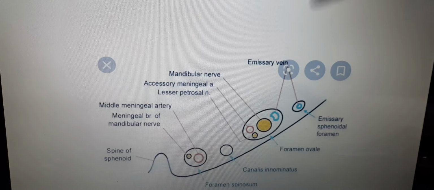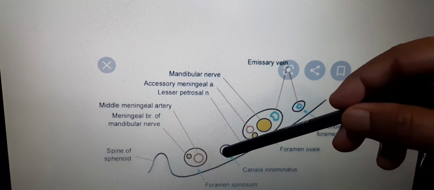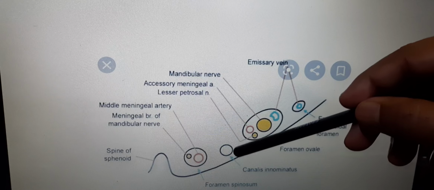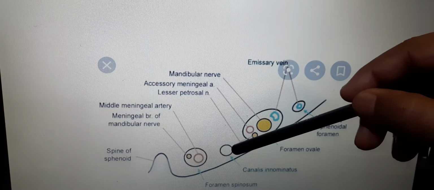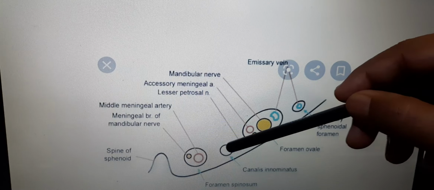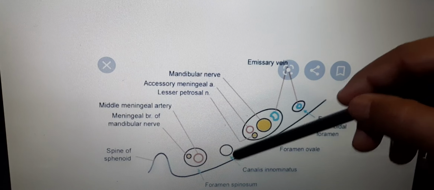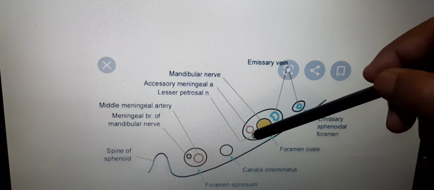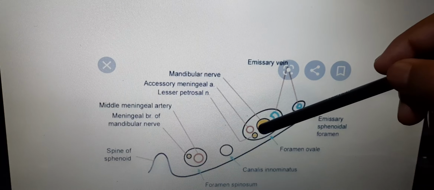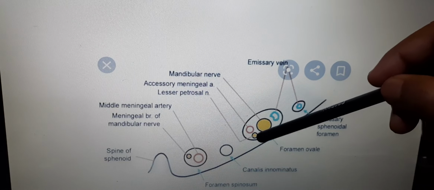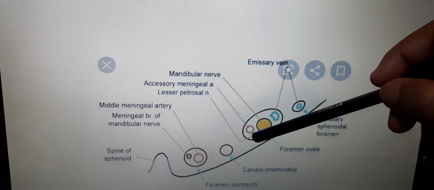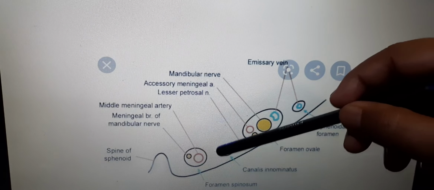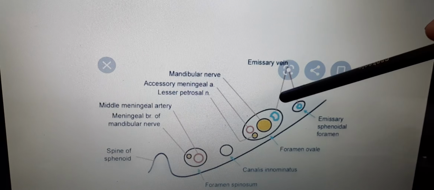Besides these two foramina, sometimes there is a canal present between foramen ovale and foramen spinosum. This canal is known as canaliculus innominatus. When the lesser petrosal nerve does not pass through the foramen ovale, then the lesser petrosal nerve passes through the canaliculus innominatus.